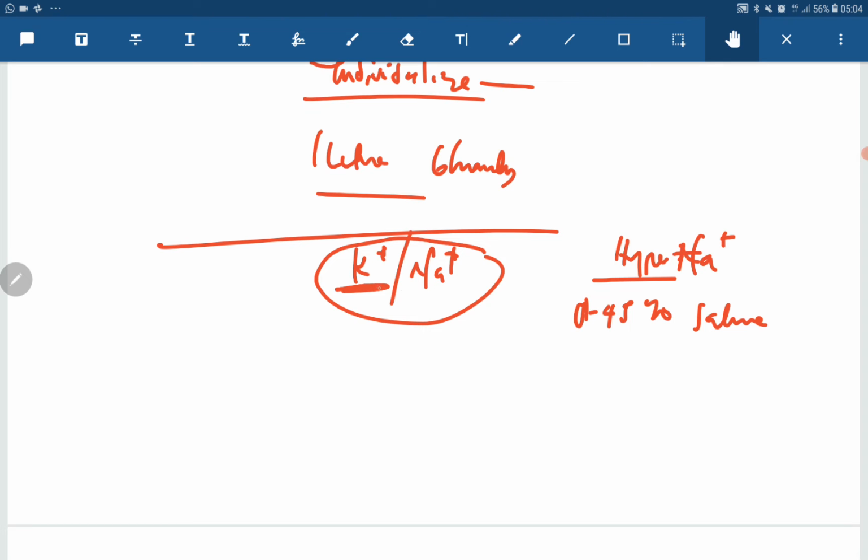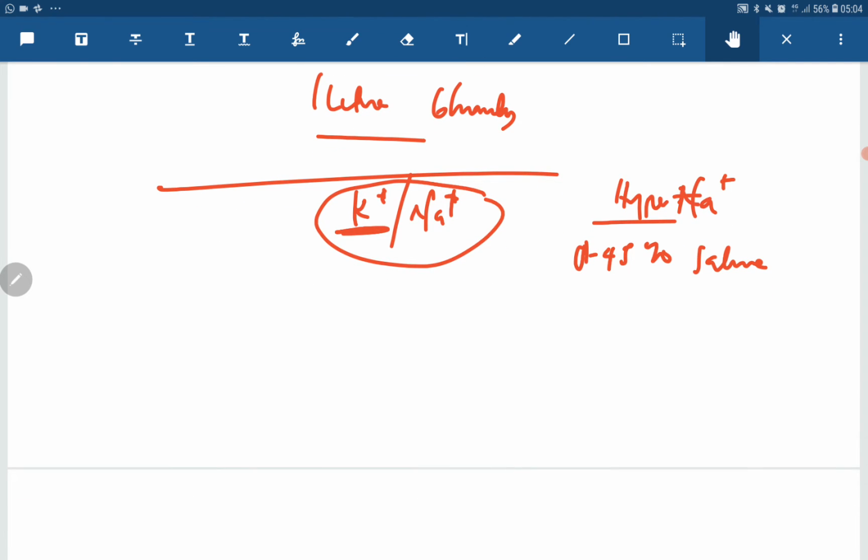What you want to look out for is potassium. The normal value in our hospital is 3.5 to 5.5 millimole per liter, or milliequivalent per liter.